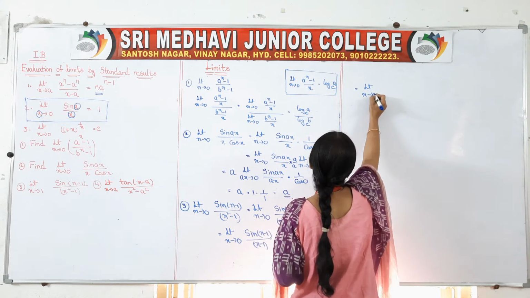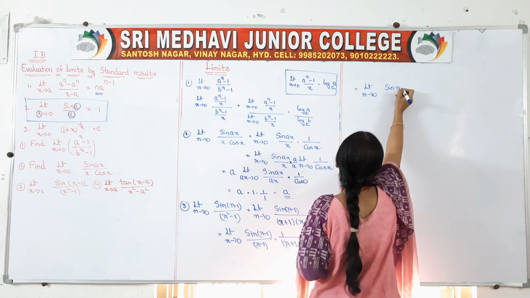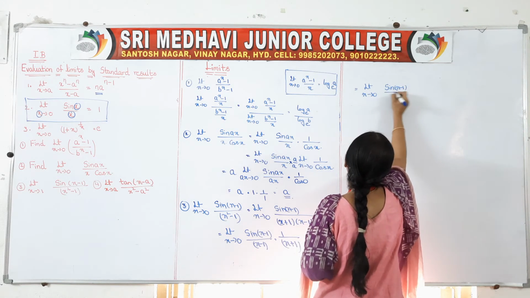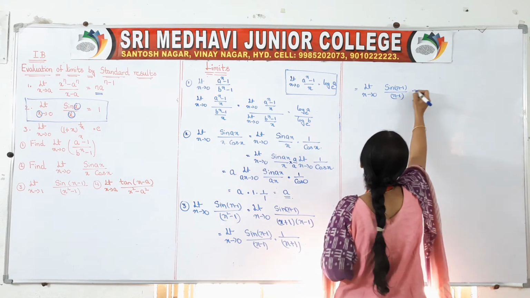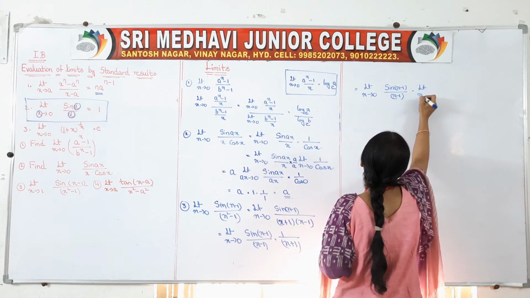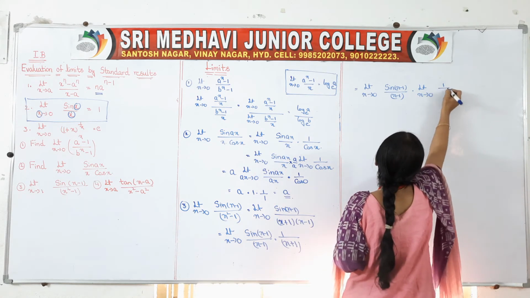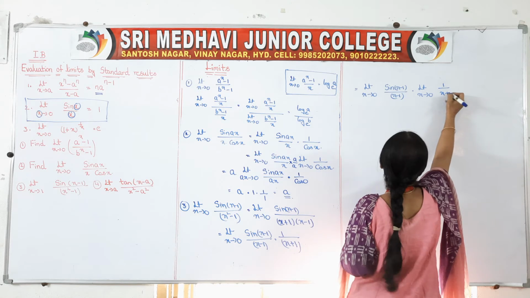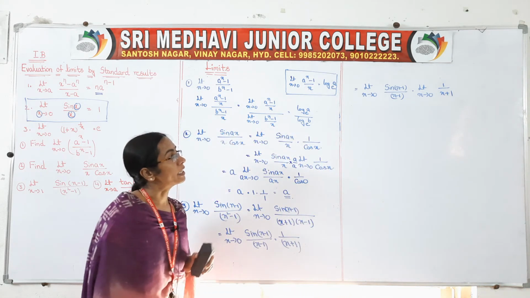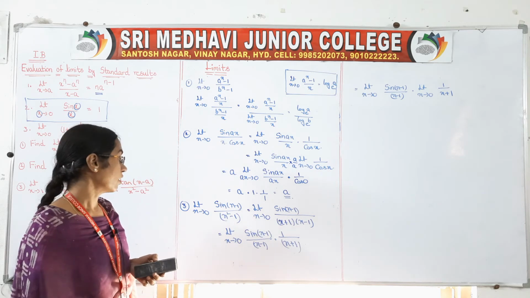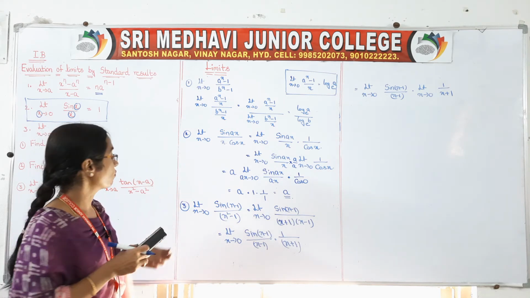Limit of sin(x minus 1) by x minus 1, into limit of 1 by x plus 1. Here we can use the normal formula.